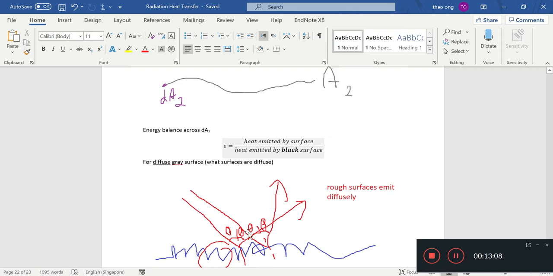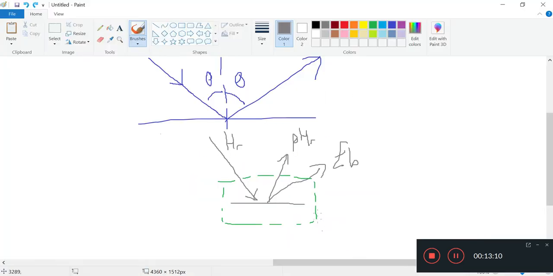And conveniently, for a gray diffuse surface, the reflected radiation will go diffusely everywhere, and the emitted radiation will also go diffusely everywhere.